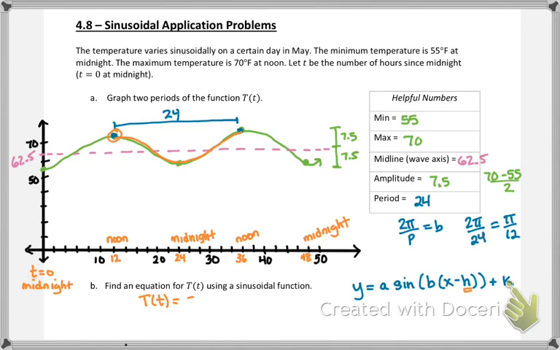A is 7.5 times the cosine of pi over 12, and then x, since I shifted over 12 units, because I'm starting at noon, it's going to be x minus 12, and then plus my k, which is 62.5. Okay, so here is one possible equation to represent this situation.